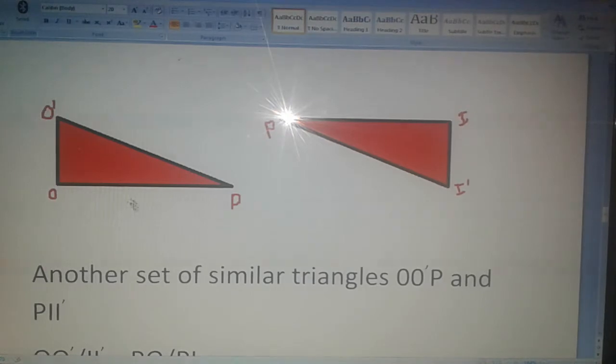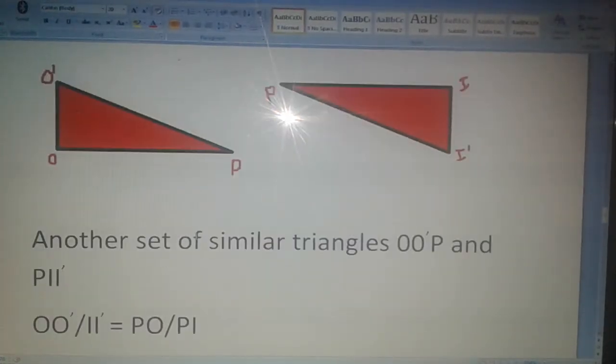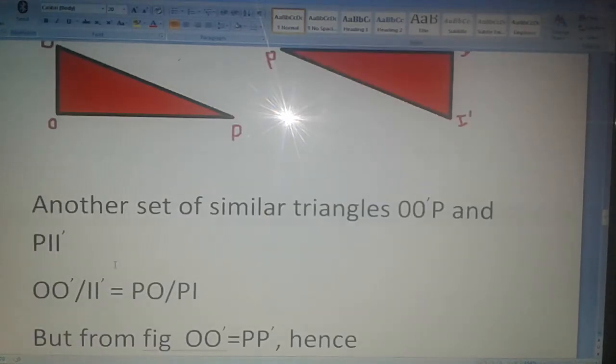Next, in the same manner, we have another two similar triangles in the figure if we observe this side. These are O prime P and I prime. So the triangles appear like this if we separate them from the figure. So there is another set of similar triangles. If we apply the SAS similarity, then we can write O prime by I prime is equal to PO by PI.